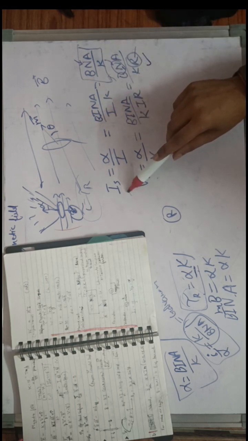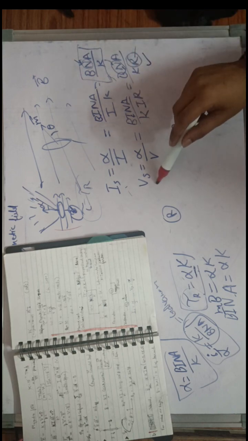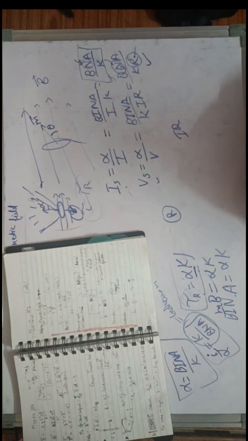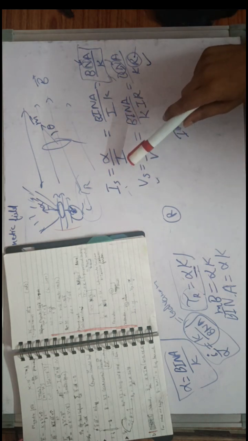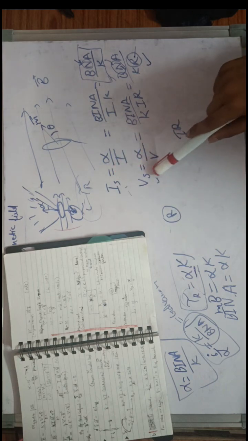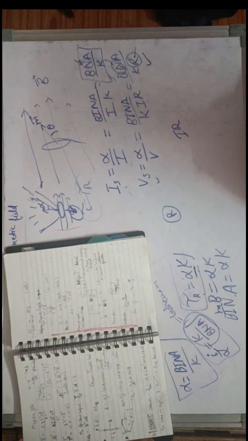In the case of current sensitivity there is only the number of turns, and in voltage sensitivity there is the number of turns and the resistance of the coil. So it is not necessary that if Is increases then Vs increases, or if Is decreases then Vs decreases. They can be varied differently also.